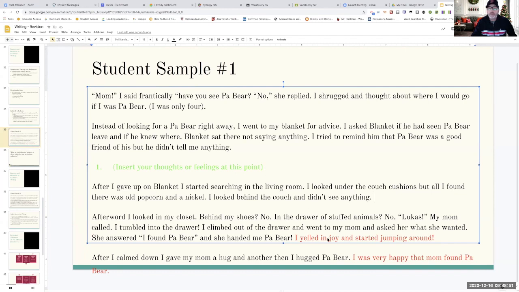And then in the last 2 paragraphs where I marked in red, you want to show, not tell. So it's not an extensive rewrite. It's not a lot of revision. You're really just inserting a sentence or 2, explaining your thoughts or feelings at that point, if you were the narrator. And then in these last 2 paragraphs, the sentences I highlighted in red, you just need to revise those to show, not tell.